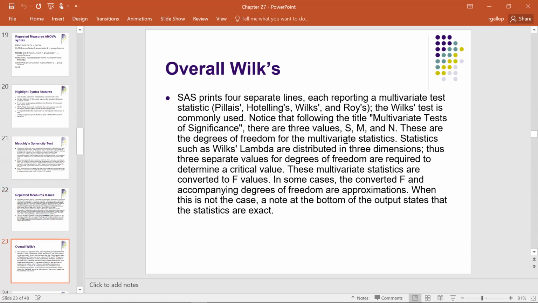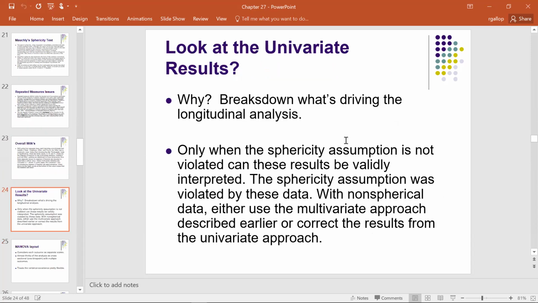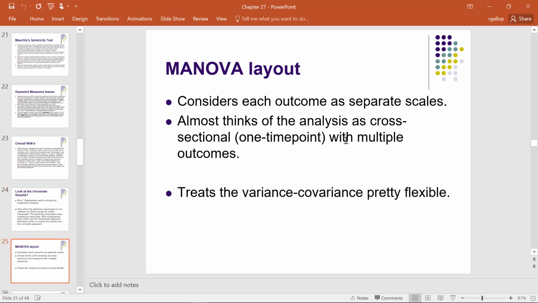When we fit the repeated measures through GLM, we really should be looking at the overall Wilks' lambda. Again, look at univariate results. Why? When we do the cross-sectional cuts, we're kind of throwing away the longitudinality of the data, which we don't want to. We want the longitudinal portion to still be involved.